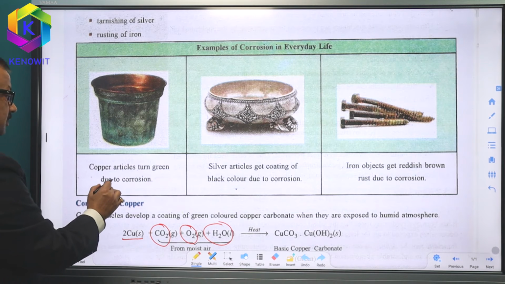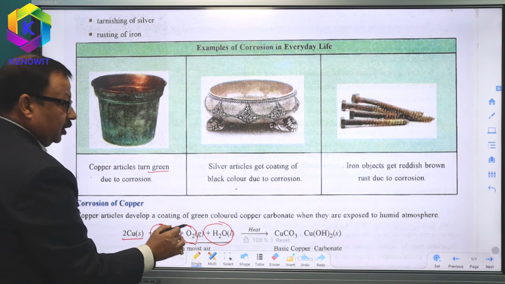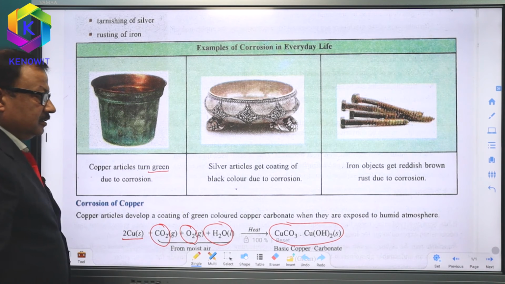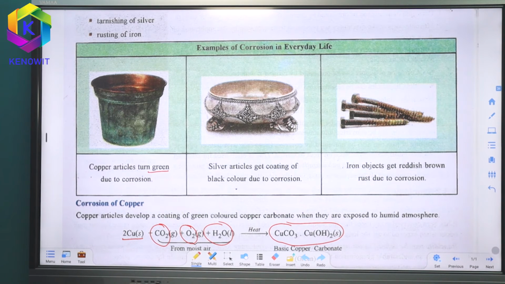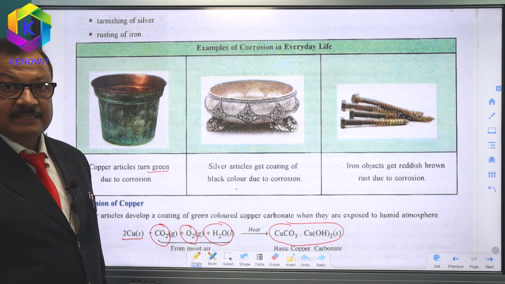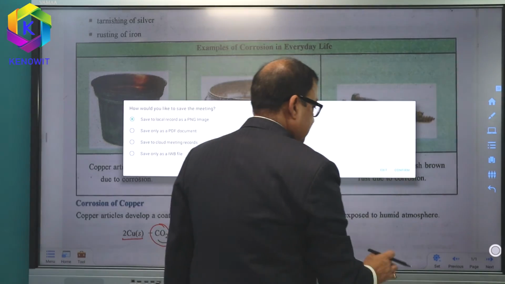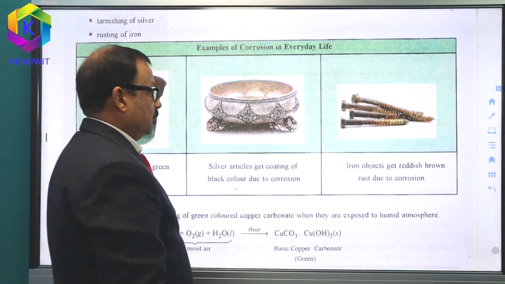So copper turns green due to the formation of basic copper carbonate, CuCO3 dot Cu(OH)2. Copper carbonate with copper hydroxide is known as basic copper carbonate because the metal forms basic oxides and hydroxides. So different objects acquire different colors due to the formation of corrosion.